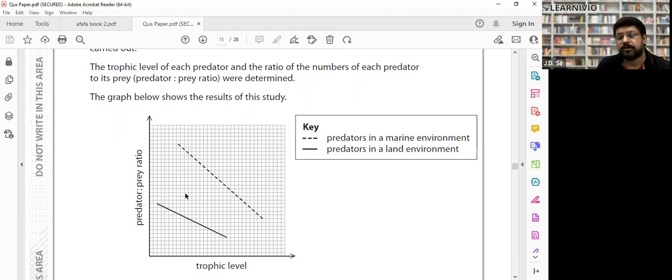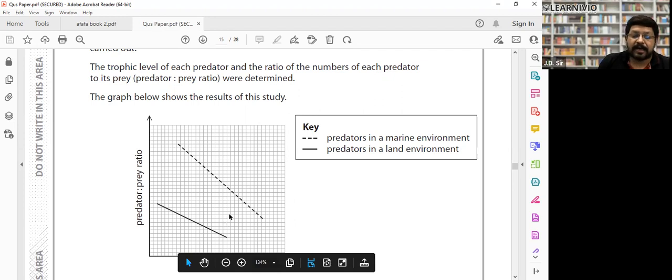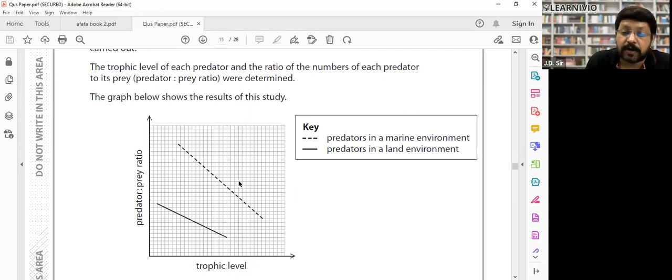Third difference: as the biodiversity is much more in the marine environment, we have to conclude that by our own logic. The biodiversity is very complex in the marine environment, so the food chain will be a complex one, and the prey predator ratio will be very stable.